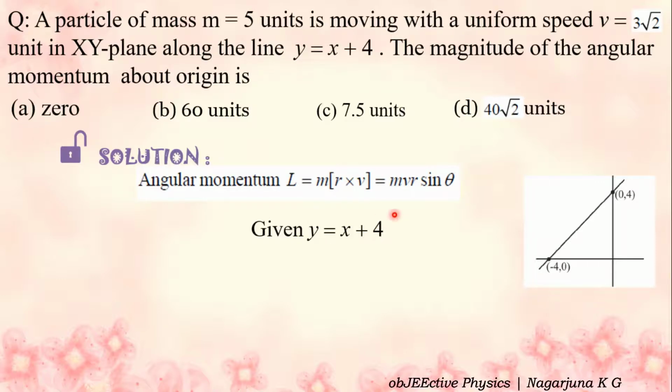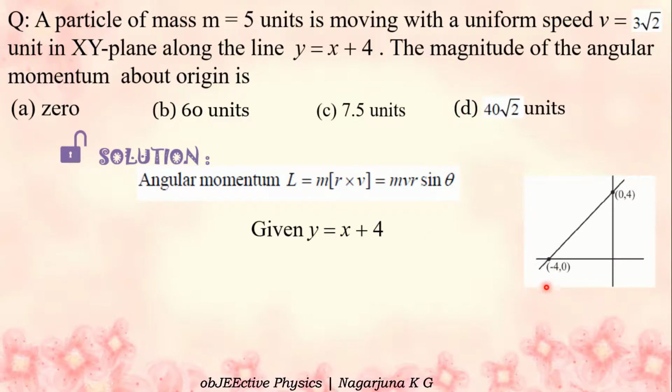In this equation, if we substitute x is equal to 0, y is equal to plus 4. If y is equal to 0, x is equal to minus 4. So y is equal to mx plus c as per the straight line equation. Here the slope m is equal to 1, and the straight line passes through the points minus 4, 0 and 0, 4. Observe the graph or diagram.